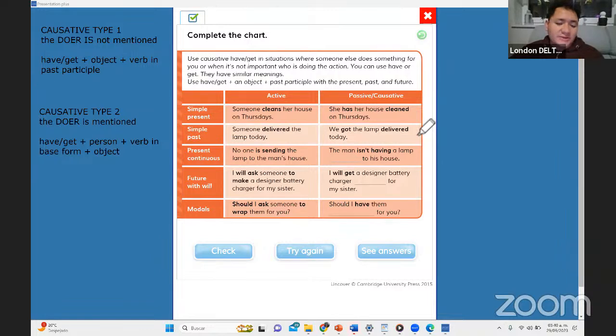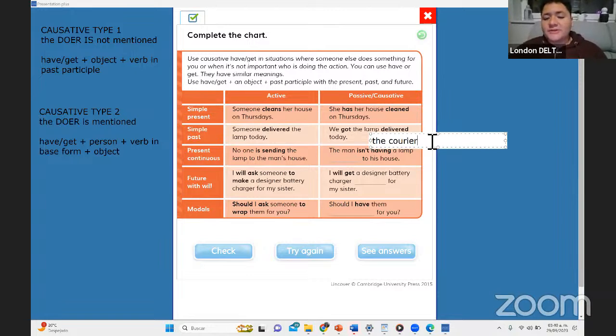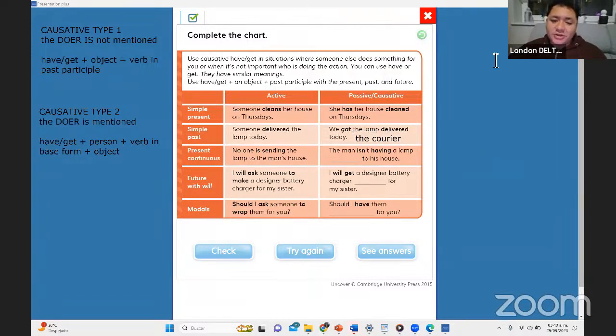What do you think, guys? Who is the person? How do we call the person that does this? Okay, the name of this person would be the courier. The courier es la persona, pues sí, el repartidor, right?